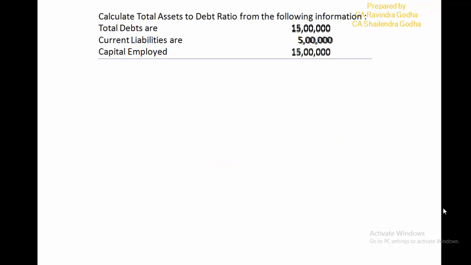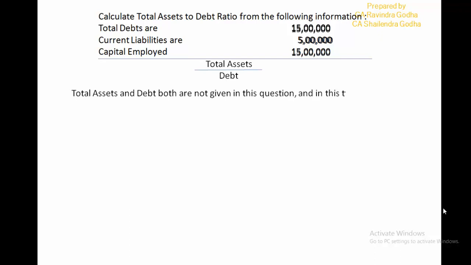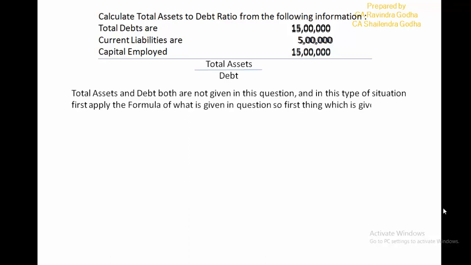Now the first illustration, in which total debts, current liabilities and capital employed are given. The formula is total assets divided by debt. In this question, total assets and debts are both not given, and in this type of situation, first apply the formula of what is given in the question.